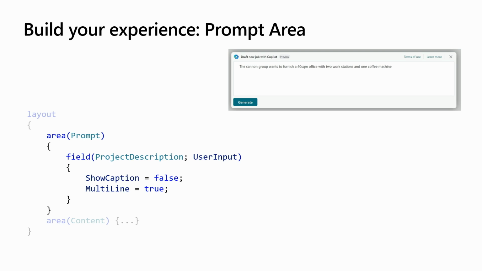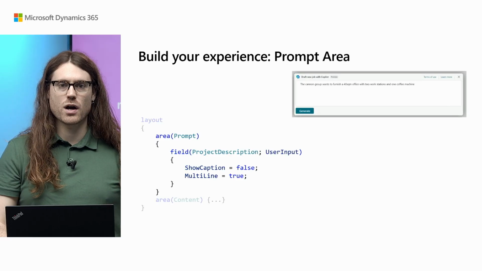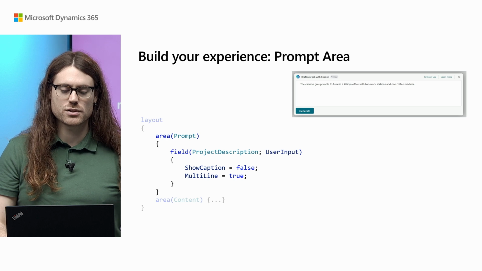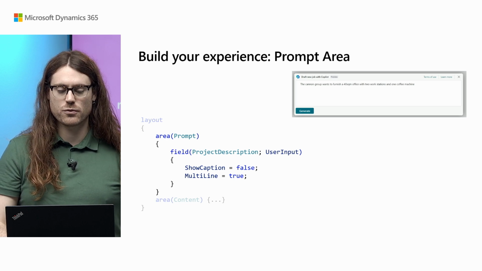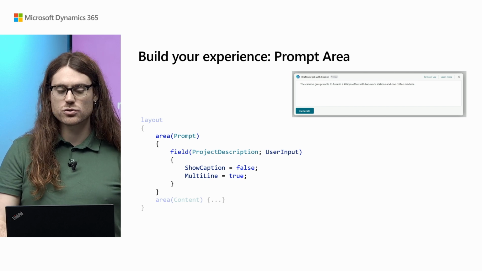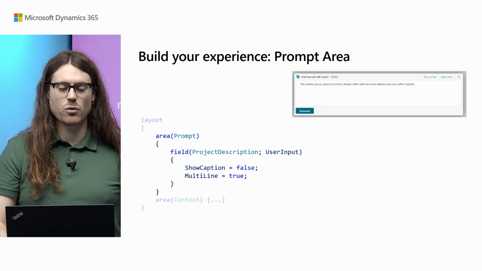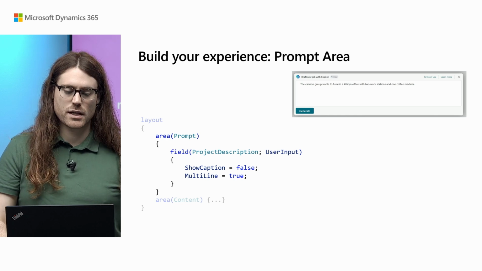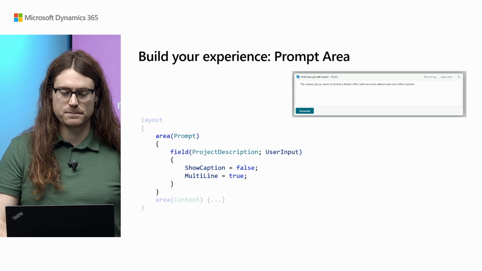Now here we've chosen to add just a single field that allows the user to type in what we would call unstructured data. They're able to write in natural language that makes sense to them, their goals for this experience. You could put anything you want here, such as additional fields, groups, or parts, to provide a more structured input, but in this case, this is exactly what we want.